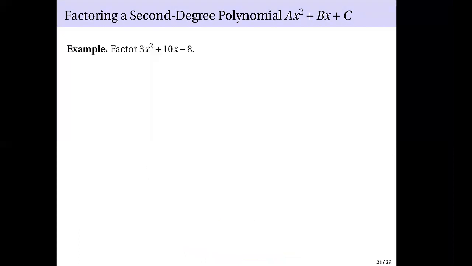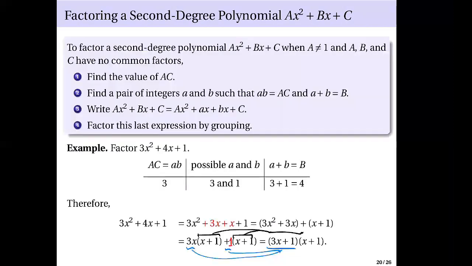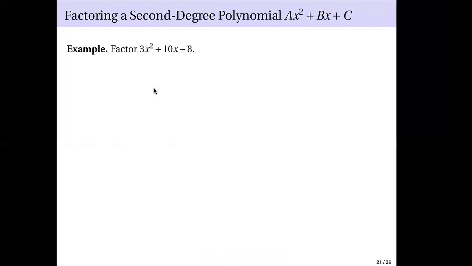Next, here, you have 3x squared plus 10x minus 8. I will guide you in the steps here. So this is your capital A, this is your capital B, and this is your capital C, the minus 8 here.